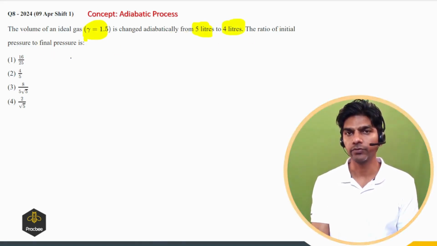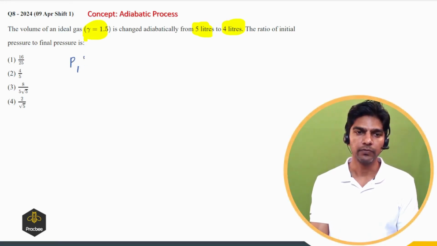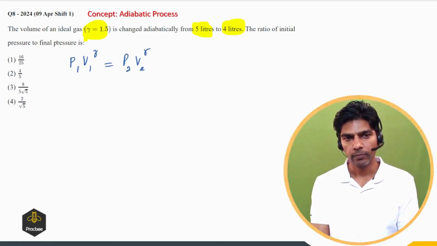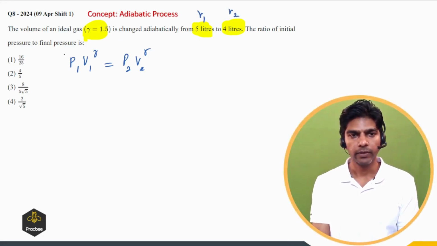So here we can use this proportionality, that P1 V1 raised to power gamma is equal to P2 V2 raised to power gamma in case of an adiabatic process. Let us plug in the values. Volume is given, right? So this will be V1, this will be V2, and we have to find the ratio of initial pressure and the final pressure.